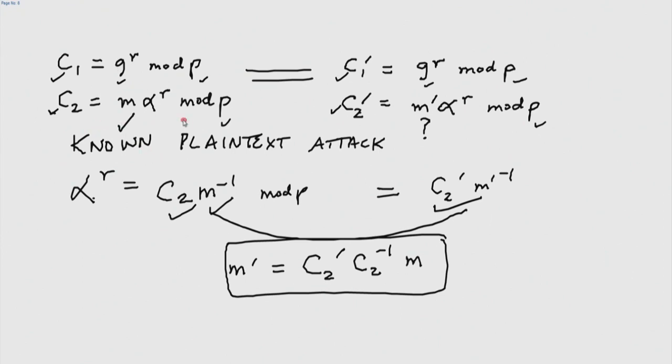So now from this equation I get alpha raised to R is equal to C2 times M inverse, and from this equation alpha raised to R is equal to C2 prime times M prime inverse. So I equate these two and I'm able to solve for M prime. So M prime is equal to C2 prime times C2 inverse times M. So the moral of the story is don't repeat the same random number twice.